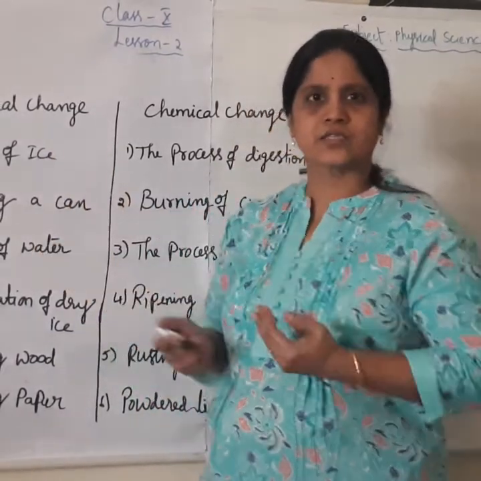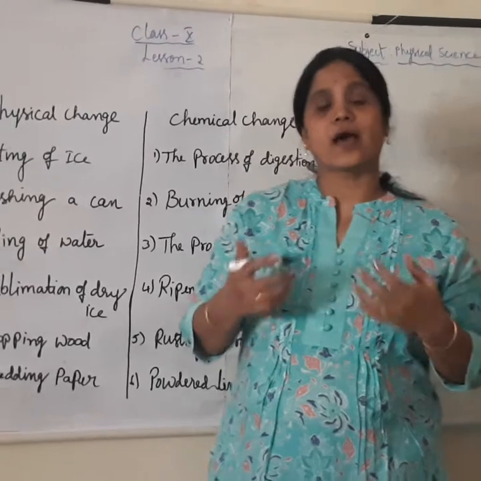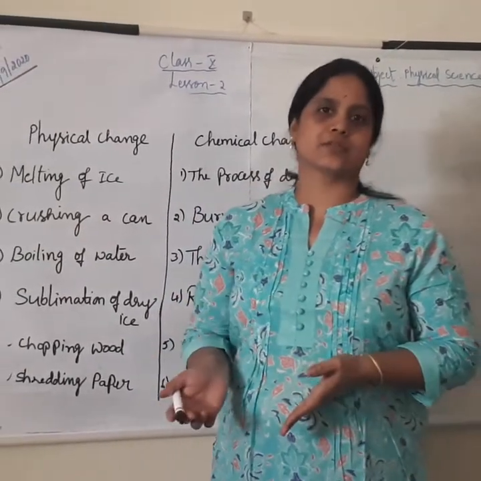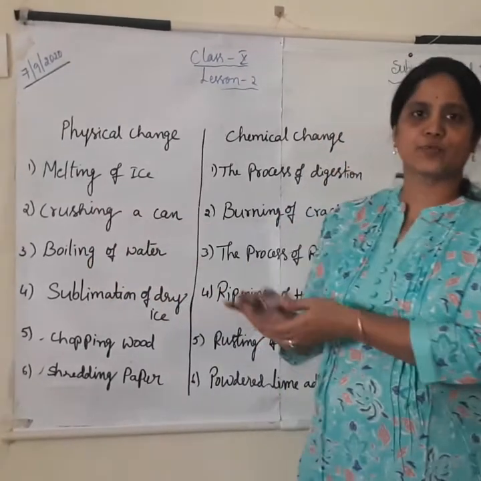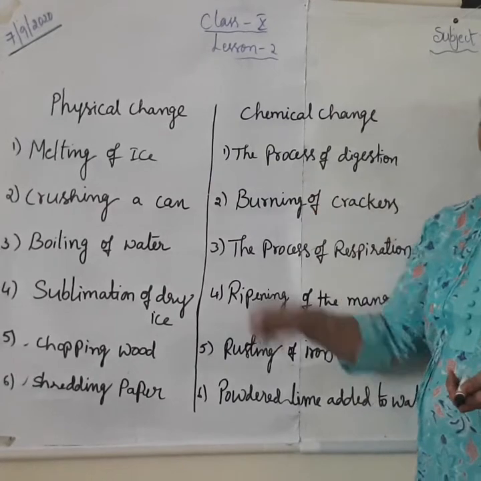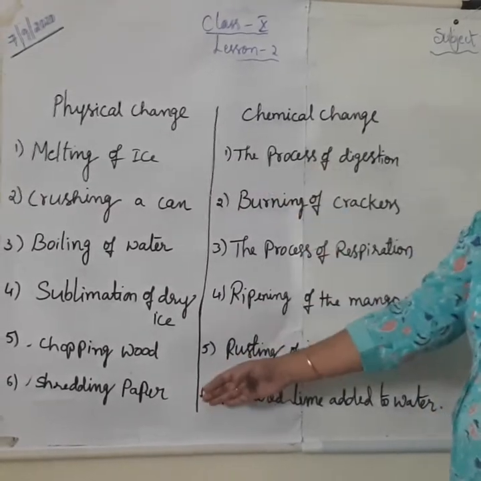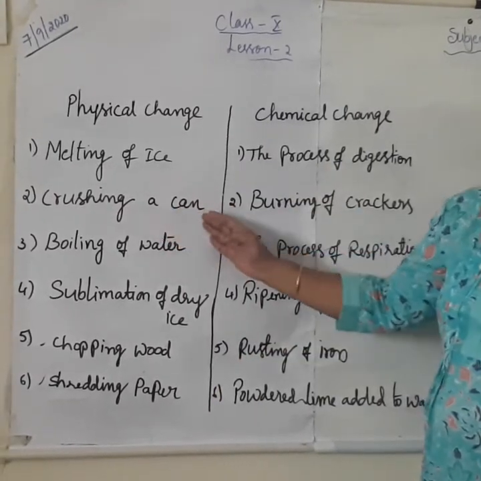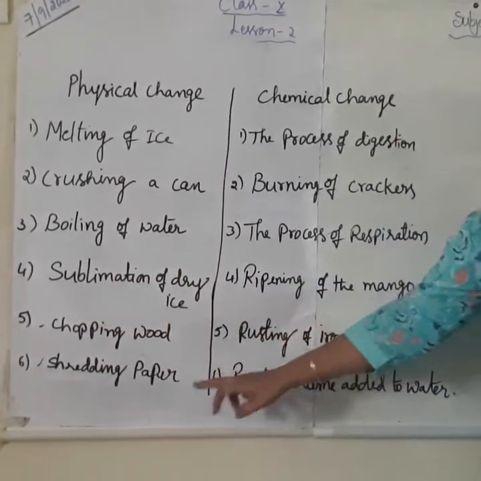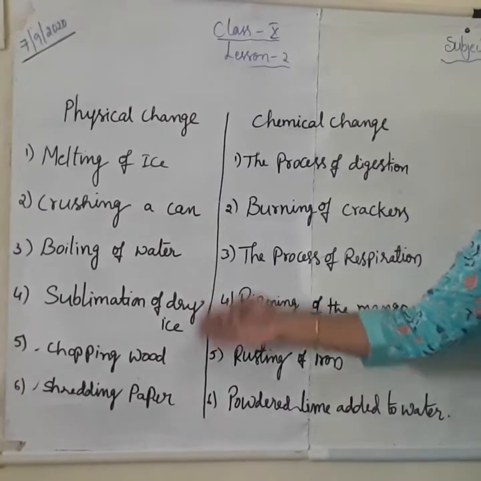By seeing the examples, how can we identify whether it is a physical change or a chemical change? I wrote all the examples on the board; we'll discuss more about this. In physical change: melting of ice, crushing a can, boiling of water, sublimation of dry ice, chopping wood and shredding paper, just a few examples.